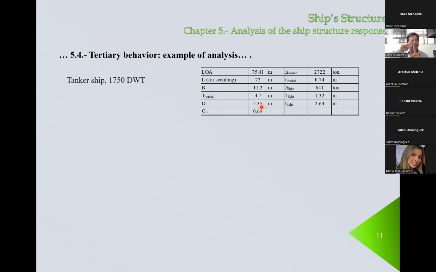More or less from 70 to 100, how much have you increased from 70 to 100? It's about 1.25, more or less, right? A bit more, 1.4, let's say 1.4. So what I would expect is an increment of 40% from the actual freeboard.